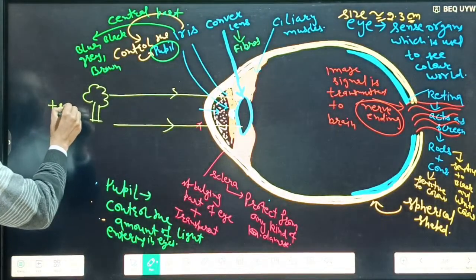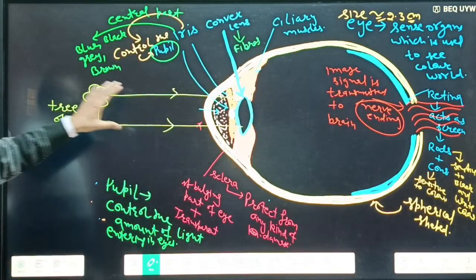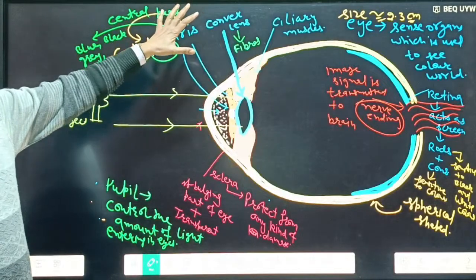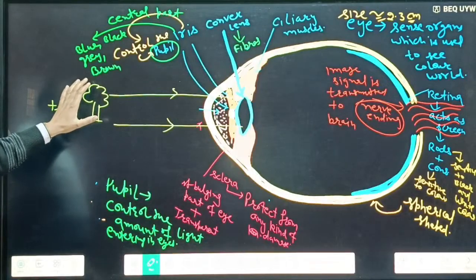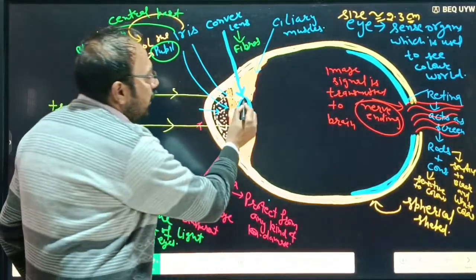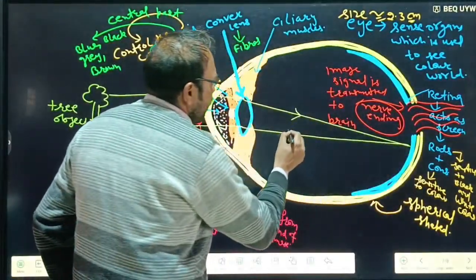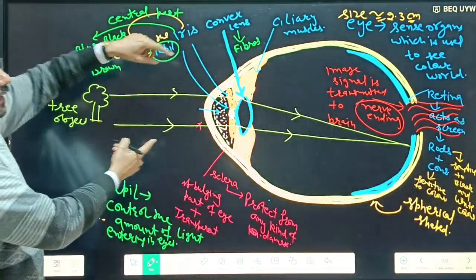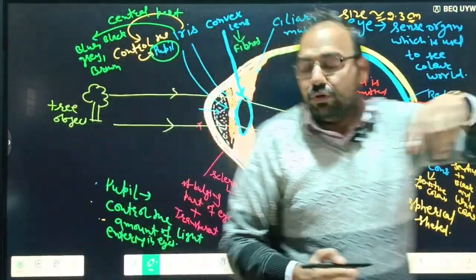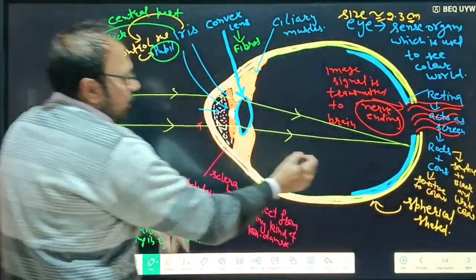This tree is an object. These rays of light come from the object, because when light comes from the sun or any source of light, it is reflected by the tree or an object, and that reflected light is received by our eyes, and these lights are focused on the screen like this. So this is the incident light, and this is the reflected light, and these reflected lights are focused on the screen. So here is the screen. So this object forms here like this.